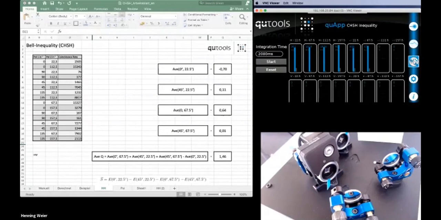Again, we have these 16 values, and from these 16 values the computer computes this average Q value.